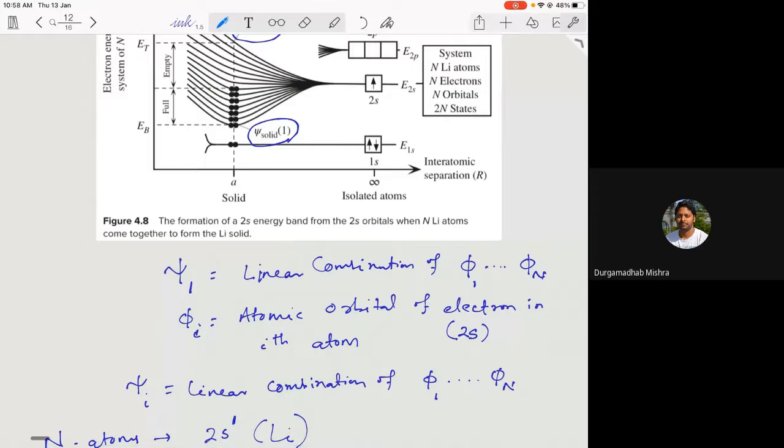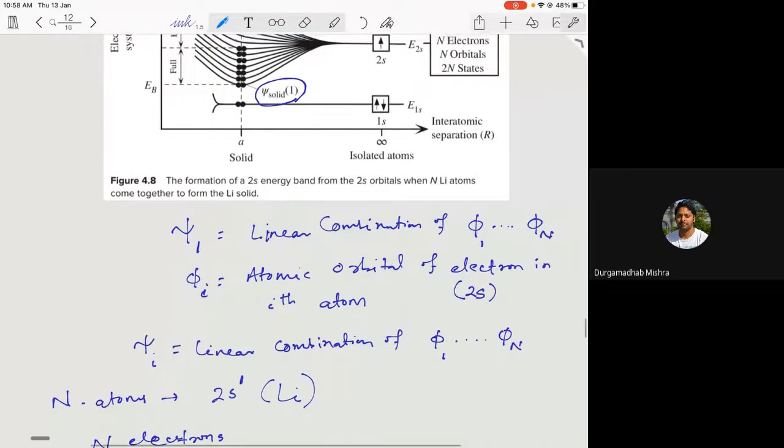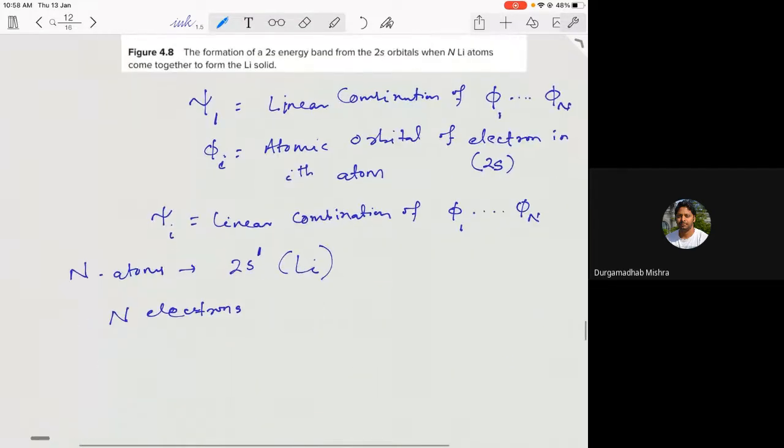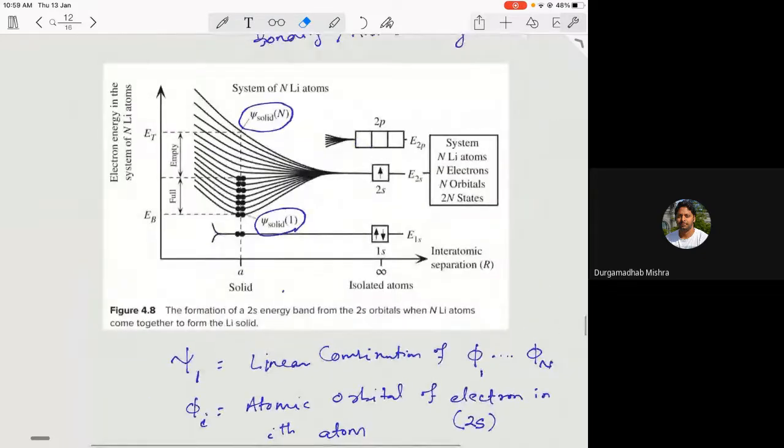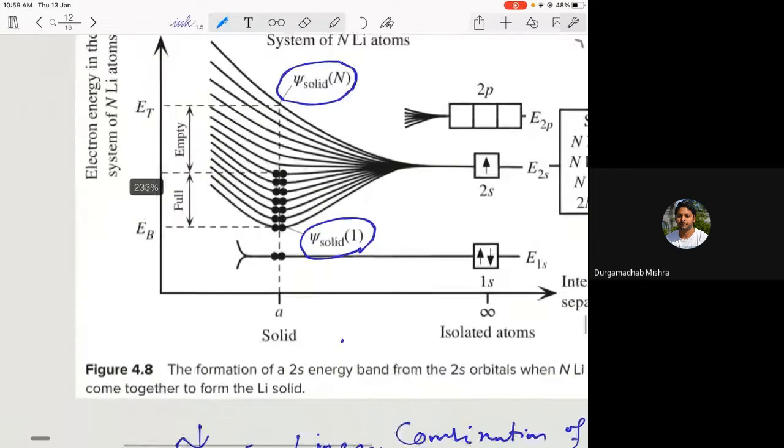And how do we get each energy state? There will be n energy states, each given by an energy E_n or E_i. Let me look at the picture here. So you have energy here, EB.